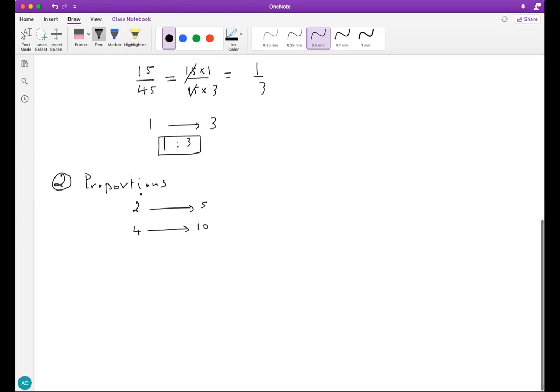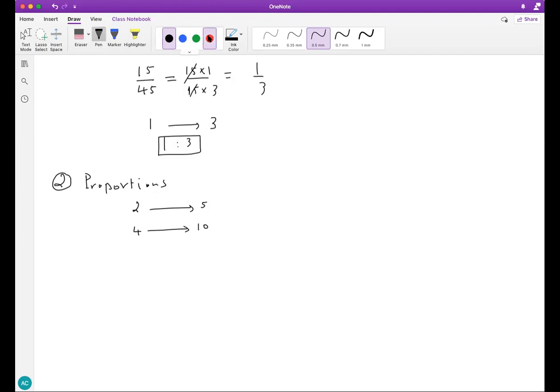So basically this is a ratio, this is a ratio. Together, they make a proportion, only if, of course, the relationship is proportional. One way to verify whether 2 ratios are proportional is by cross multiplying them.